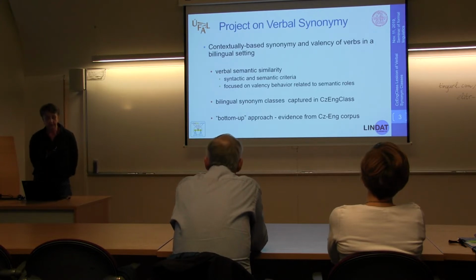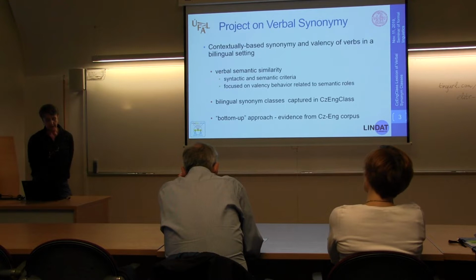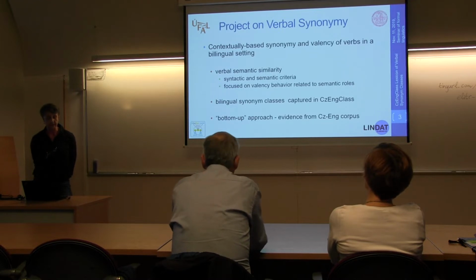The project we are working on is supported by the Czech Science Foundation. We've got funding for 3 years, so we still have about 2 months to go because it started in January 2017. And in our project, which is called Contextually Based Synonymy and Valency of Verbs in a Bilingual Setting, we concentrate on semantic similarity of verbs in translational texts.